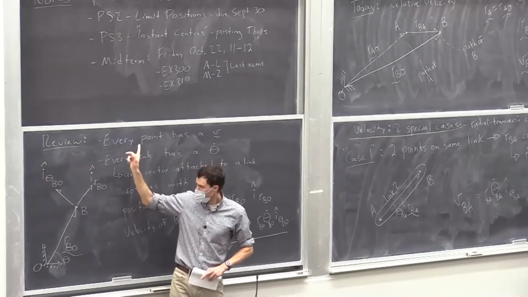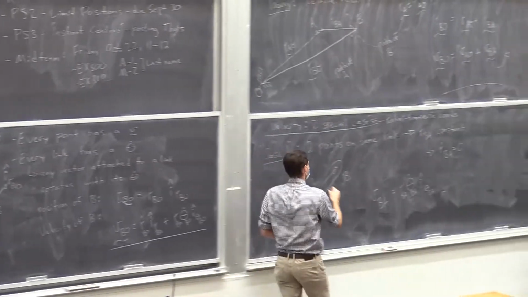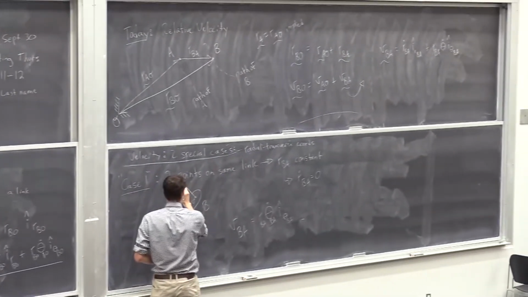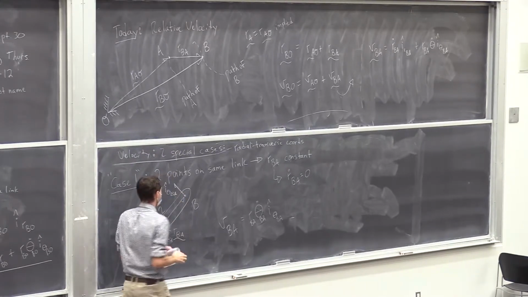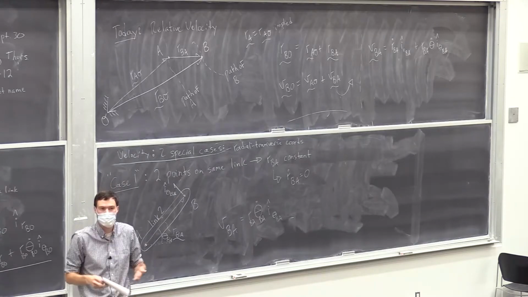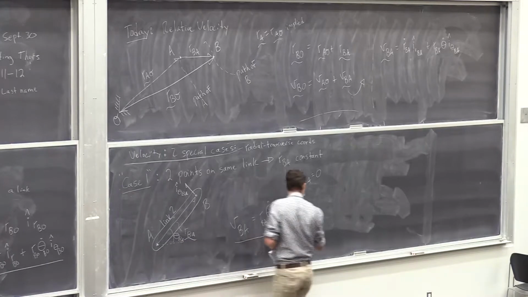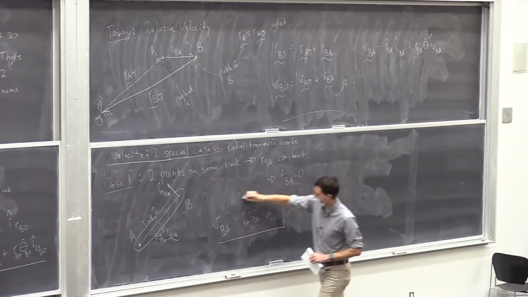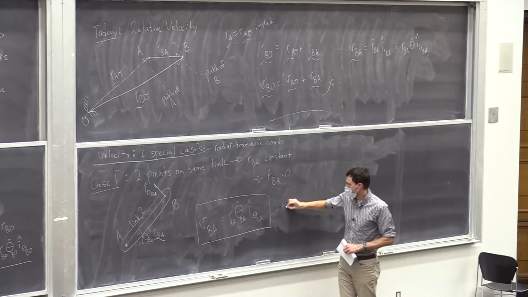Radial goes out along the length. Transverse is 90 degrees counterclockwise. So that's the transverse direction. Okay, so that allows us to calculate velocity of B relative to A. Okay, and this is our case 1 conclusion. Transverse component only.